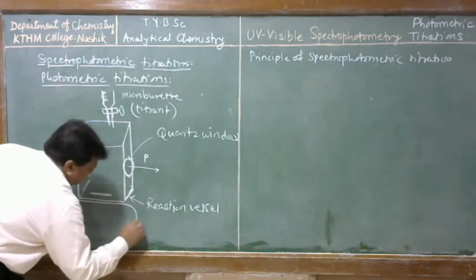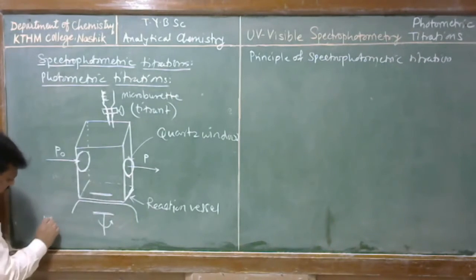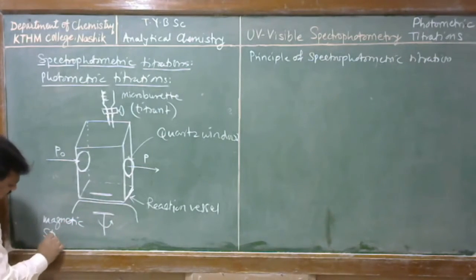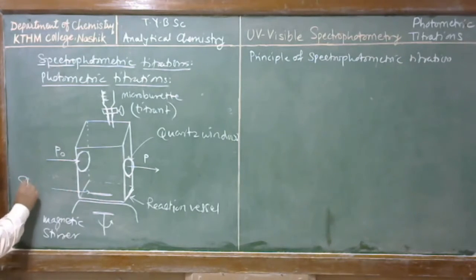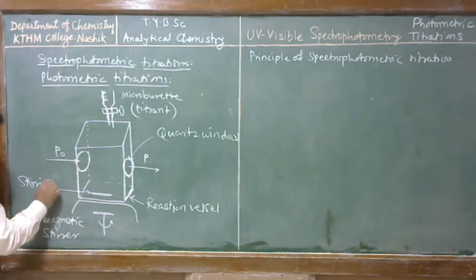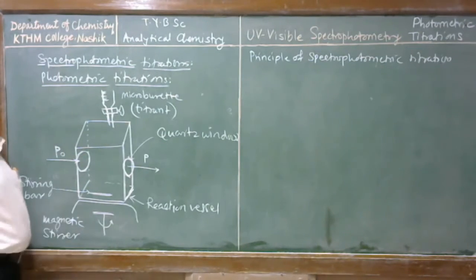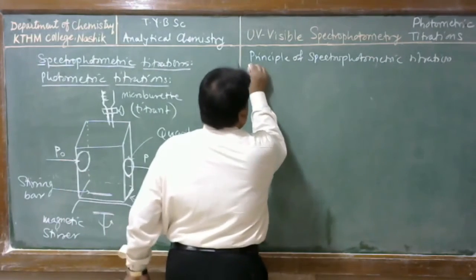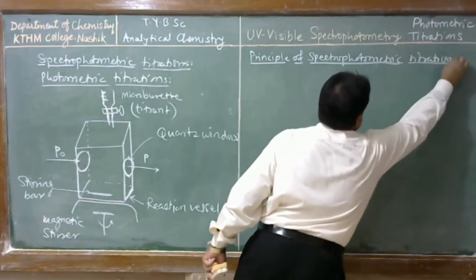This whole assembly is kept on a magnetic stirrer. Here the decrease in radiant power is measured as a function of ml of titrant added. Therefore, the principle of spectrophotometric titration is like this.